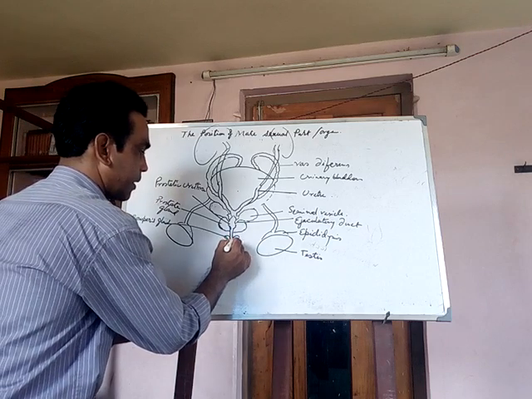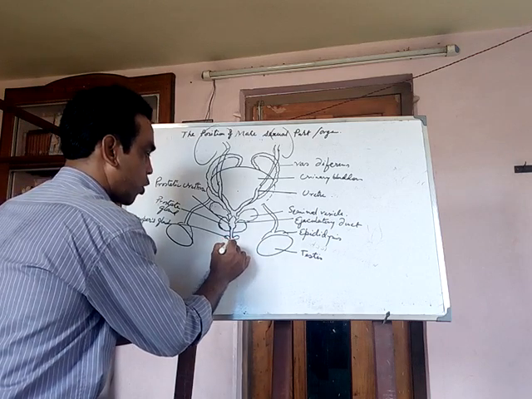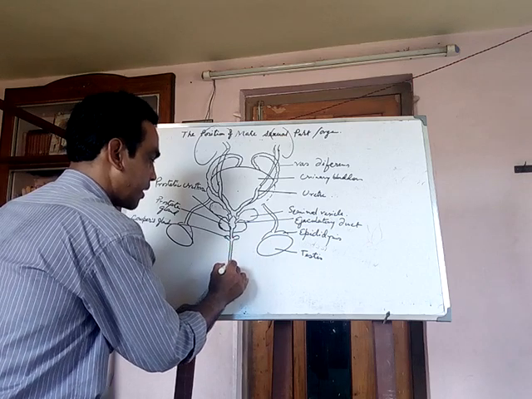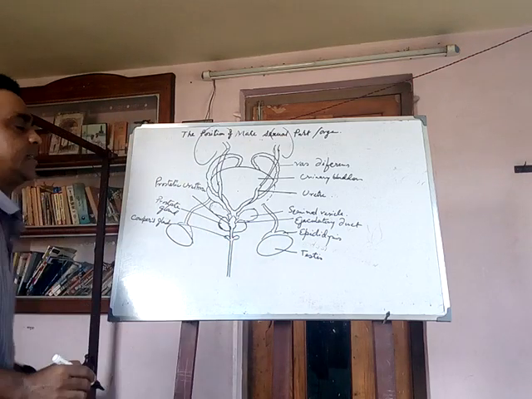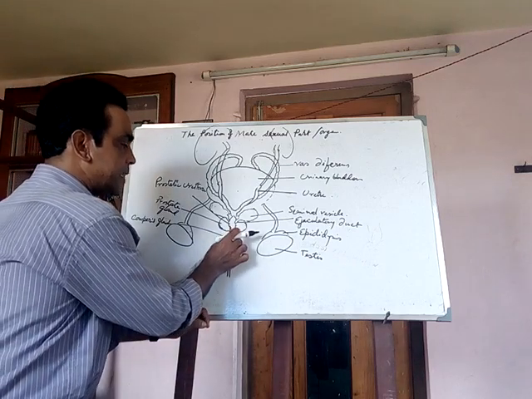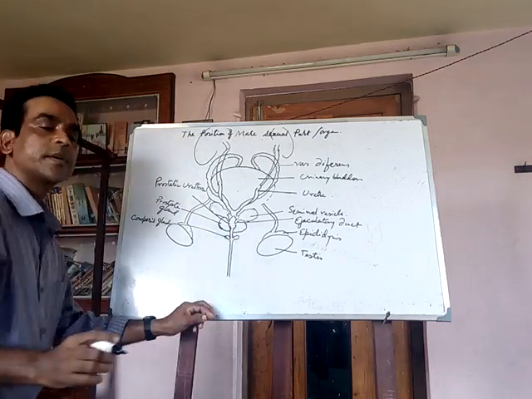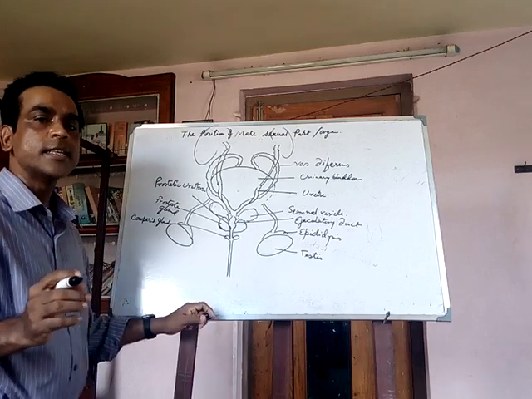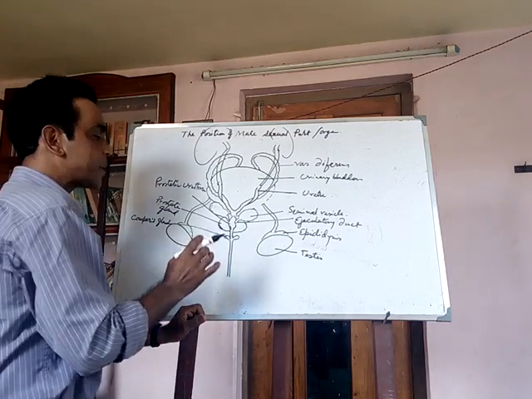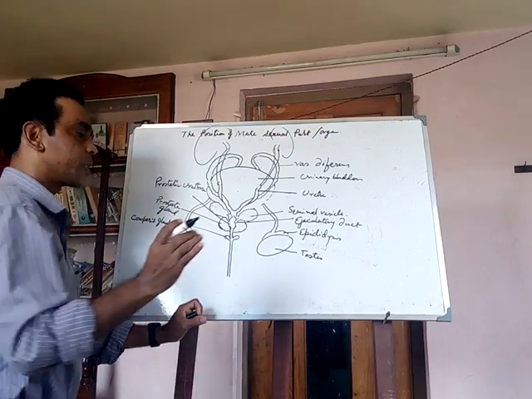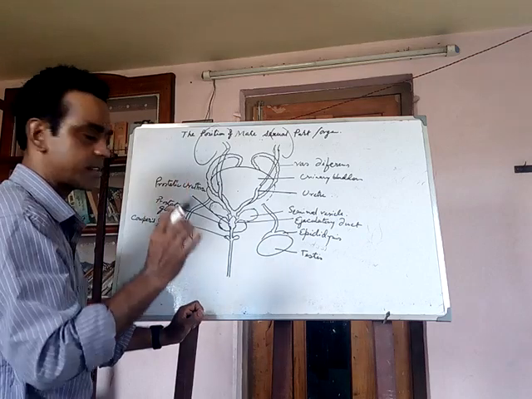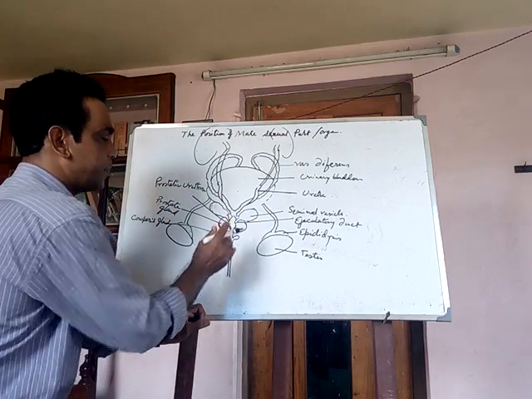And this canal automatically elongates the same portion. Here, this canal is covered with muscles called corpus spongiosum, and the corpus cavernosa supports this type of canal.